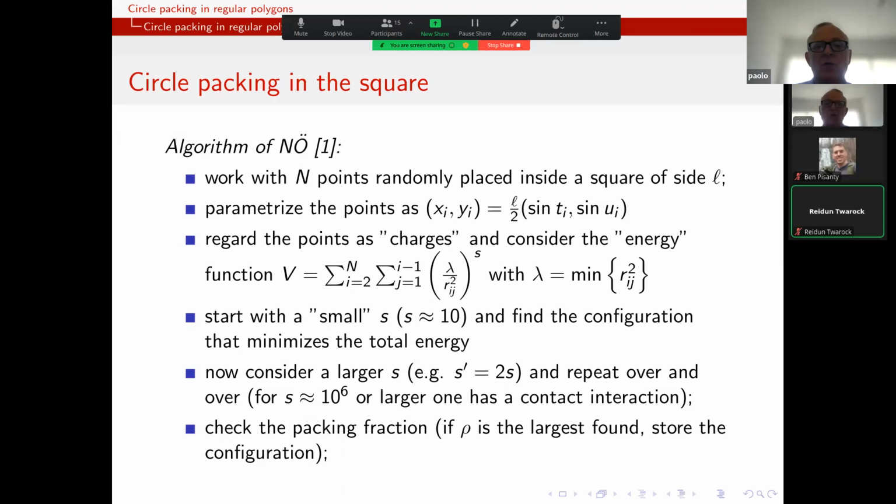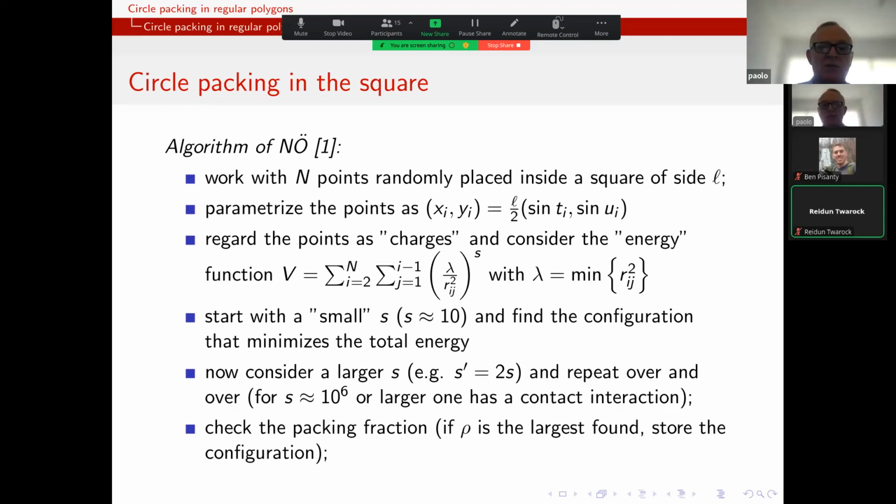And let me just pinpoint what the features of the algorithm of Nurmela and Ostergaard are. You work with n points which are randomly placed inside the square of given side. You parameterize these points, essentially with trigonometric functions, and you promote these points to being fictitious charges, which interact with some kind of potential whose range is going to evolve during the algorithm.